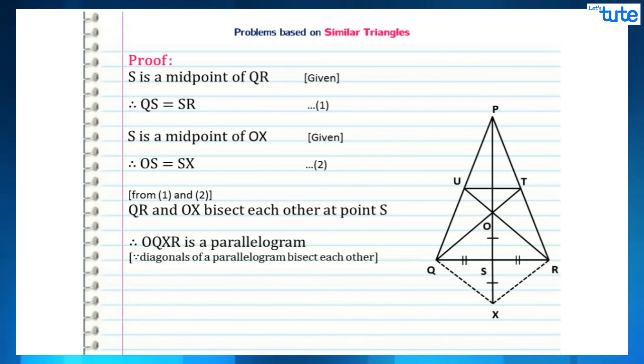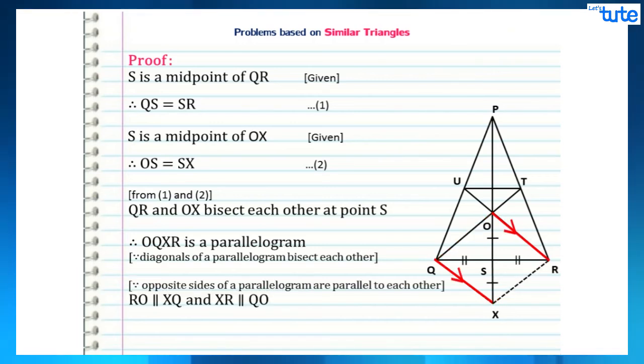One of the most important properties of a parallelogram is that opposite sides of a parallelogram are parallel to each other. Therefore, in quadrilateral OQXR, RO is parallel to XQ and XR is parallel to QO.